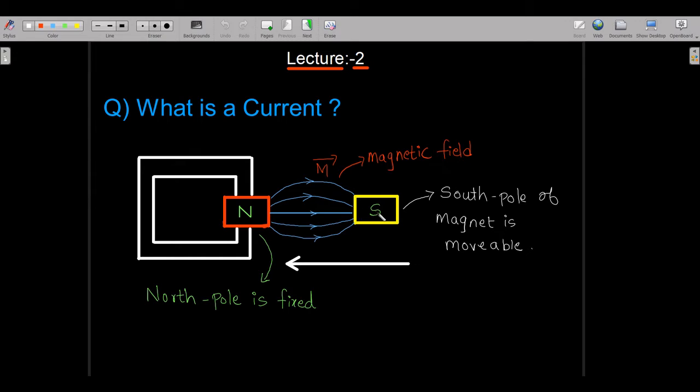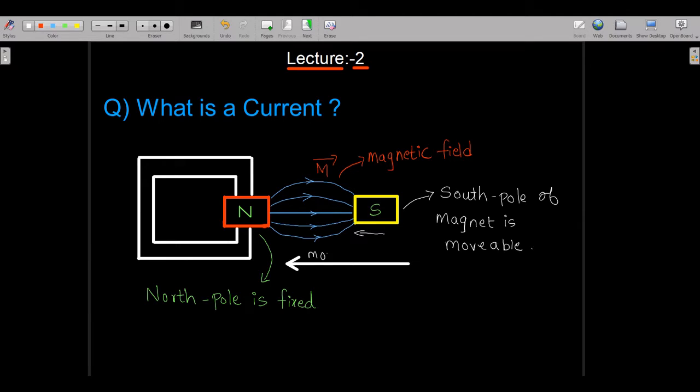Now, as soon as I bring the south pole in the vicinity of the north pole, what will I see is this north pole will generate some magnetic field. So this magnetic field would be leaving the north pole and it will be coming towards the south pole. Okay, and now my observation would be the south pole would be moving towards the north pole.